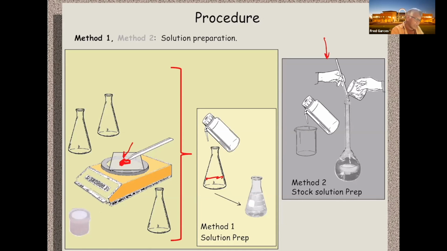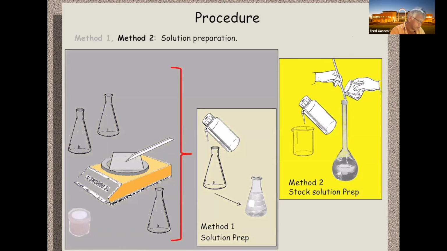So if you make an error in the mass in method two, your whole experiment is off, okay? If you make an error in one of the masses in method one, then only that particular trial will be affected. So there's pros and cons with these different methods, okay? This is much easier to do. This is more tedious, but it's more reliable in terms of reproducibility or confirming any errors that occur.